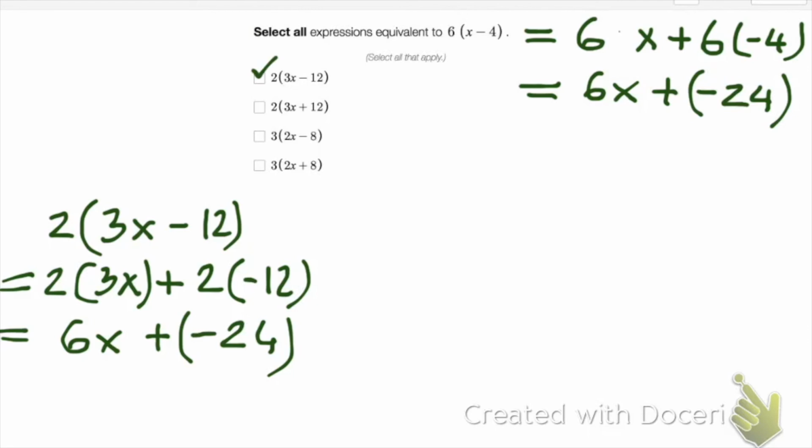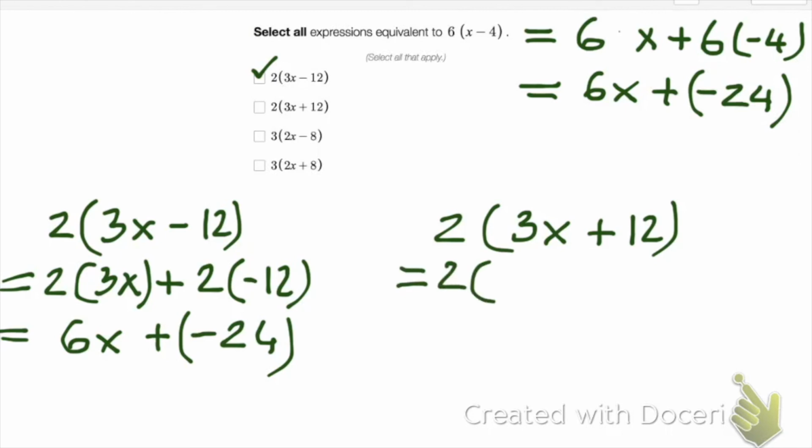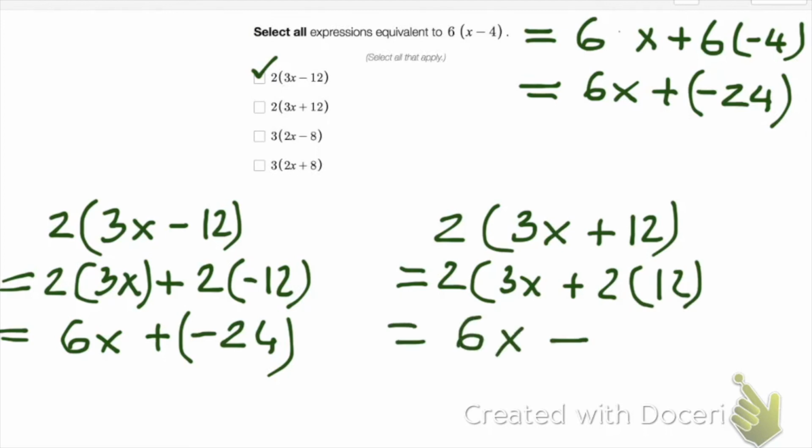The next one is 2 times 3x plus 12. So 2 times 3x plus 2 times positive 12. Then we get 6x plus 24, and it is not the same, so we cross it out.